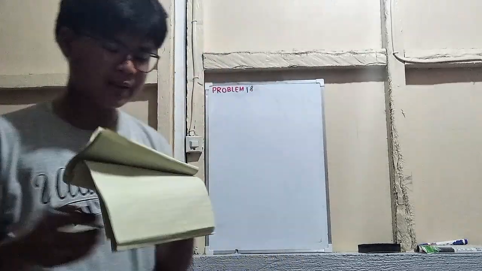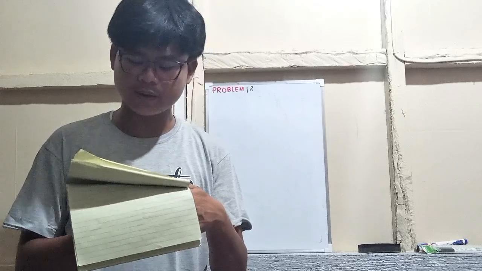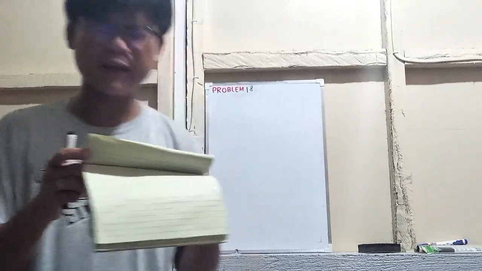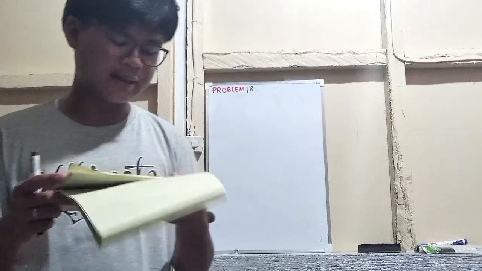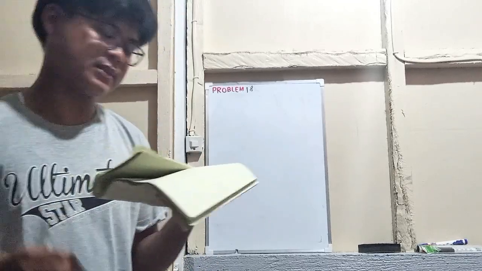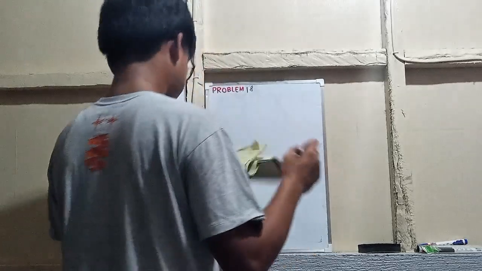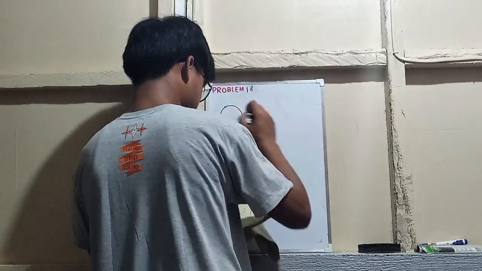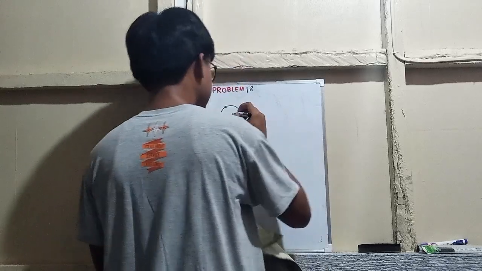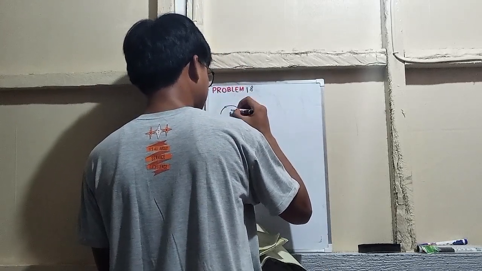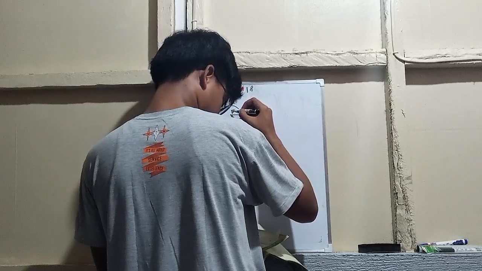A circular puddle is expanding so that its area increases at a rate of 10 meters squared per second. How fast is the radius increasing when the radius is 5 meters? So first we'll draw the circular puddle, as the radius is equal to 5 meters.